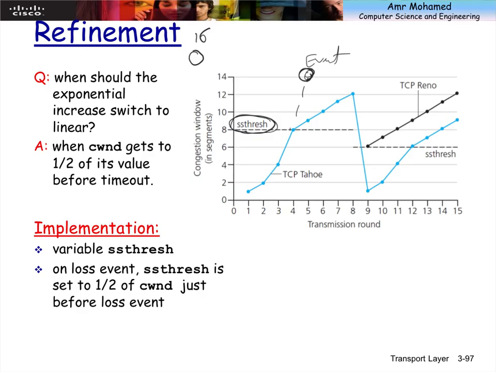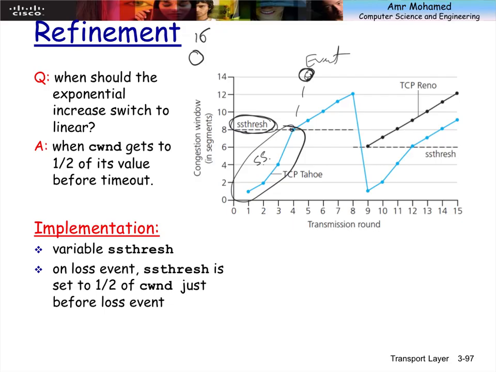When we put the slow start threshold at 8, it divides the transmission into 2 phases. One phase we call the slow start. That's why it's called the slow start threshold. Once we hit that threshold, we start to increment the congestion window by 1 for every RTT, not for every acknowledgement.